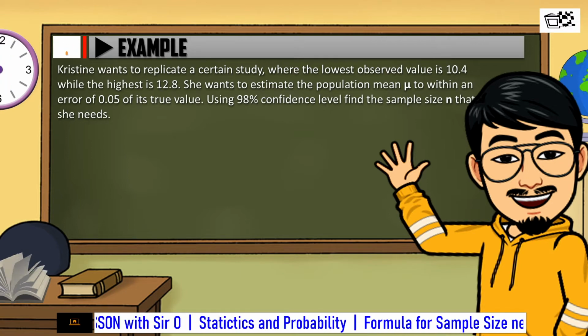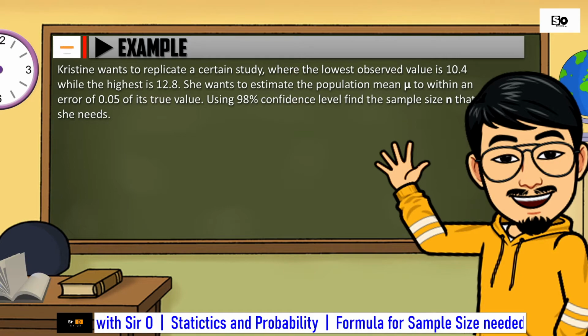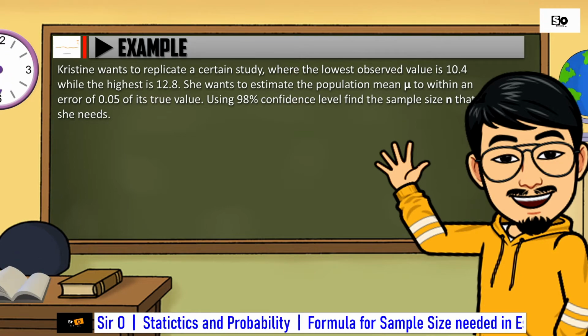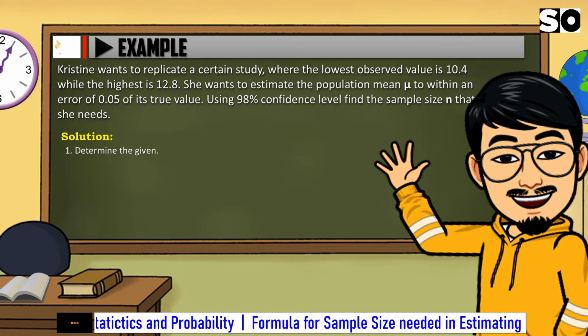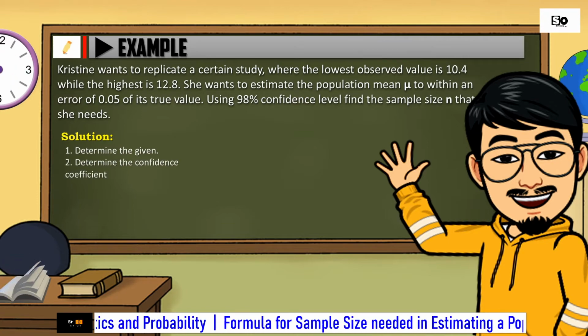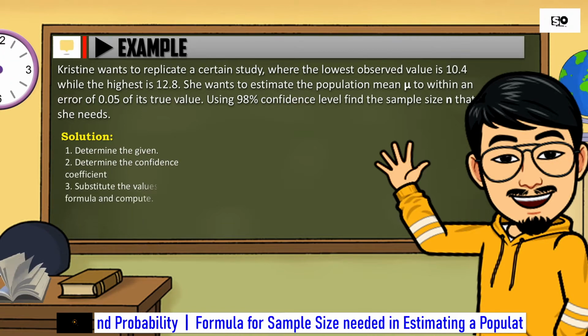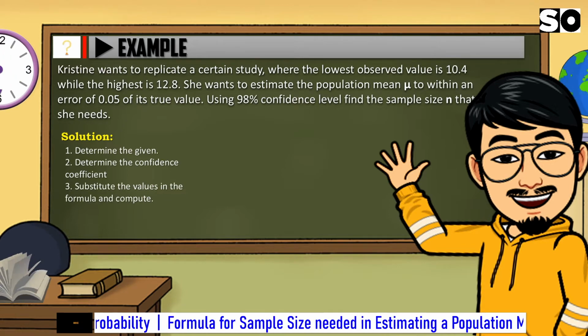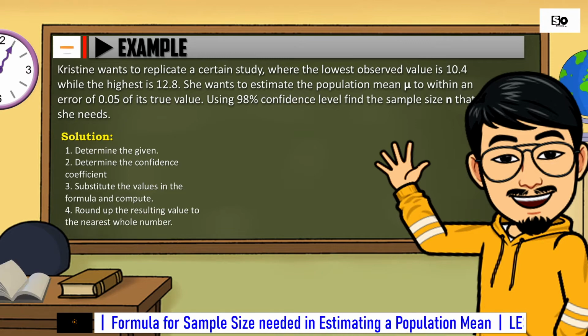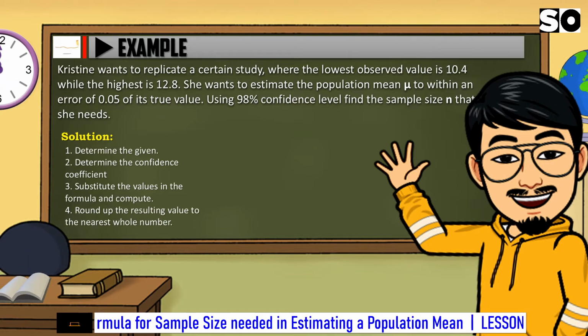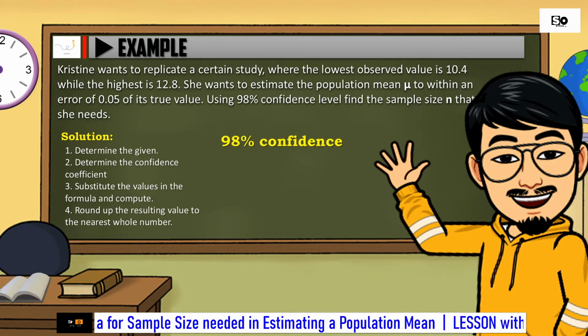Using a 98% confidence level, find the sample size that she needs. Solution: determine the given. Determine the confidence coefficient. Substitute the values in the formula and compute. And last is to round up the resulting value to the nearest whole number.